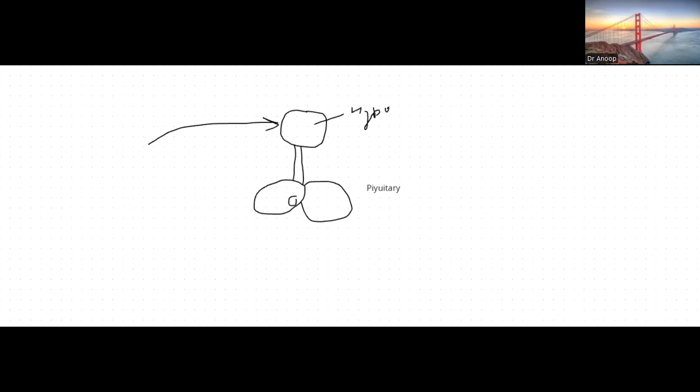A decrease in thyroid hormone stimulates your hypothalamus, which releases TRH, thyroid releasing hormone in this case. TRH acts on the anterior pituitary because it has cells of the thyroid axis, which we call thyrotropes.